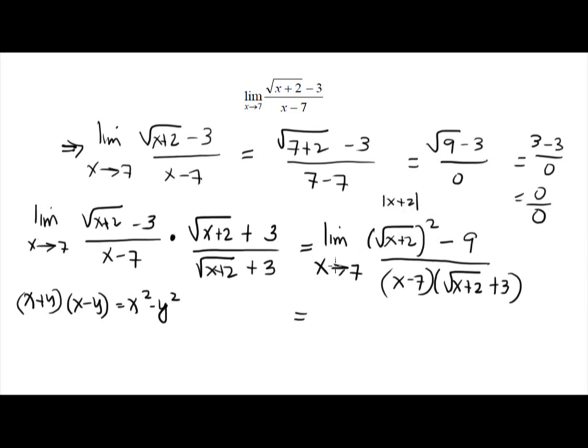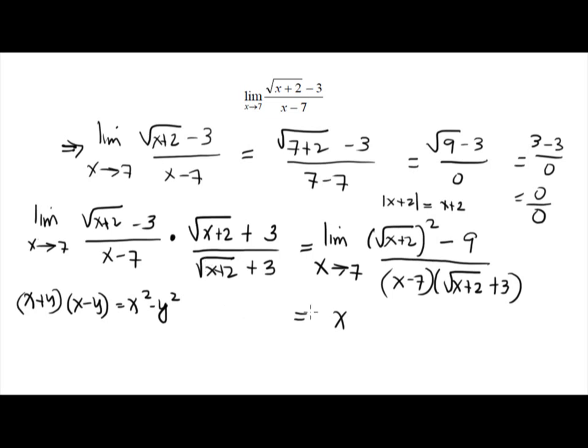Now since x is approaching 7, the absolute value is equal to its positive expression x plus 2. But if I approach a negative number, you choose the negative of x plus 2. But since 7 is a positive number, it can be changed directly by x plus 2.